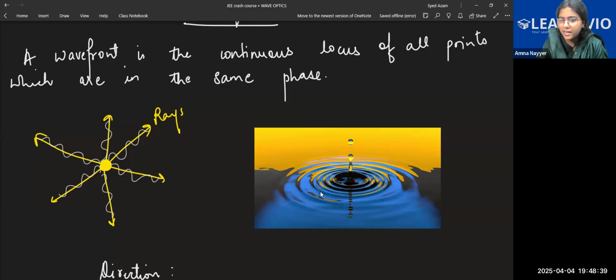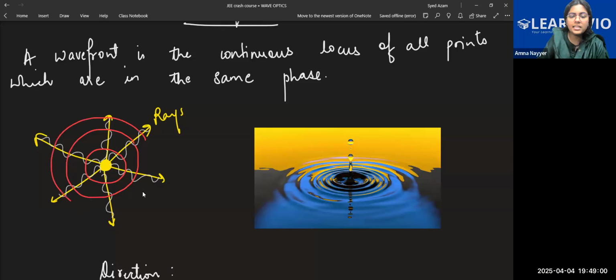These ripples are created in circular form, and they travel along these concentric circles and spread out. So this isn't how the wavefronts will move.